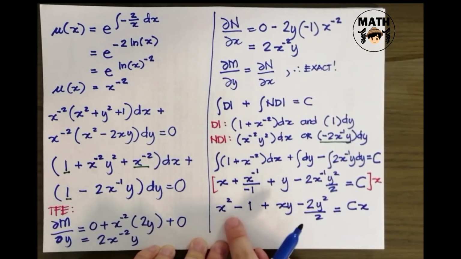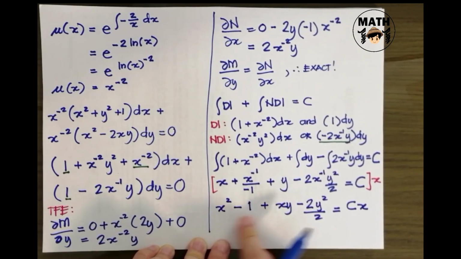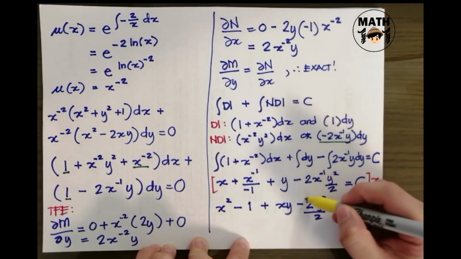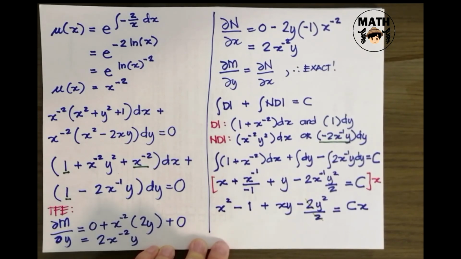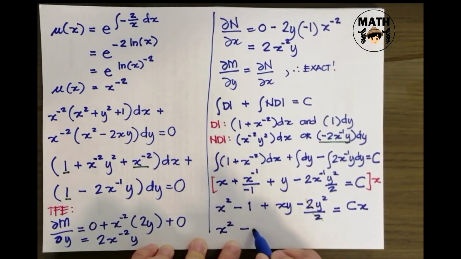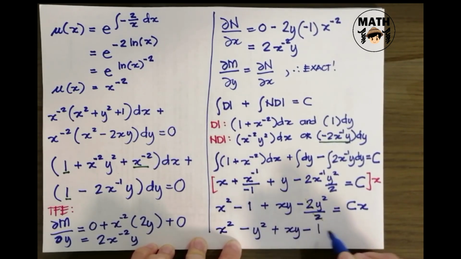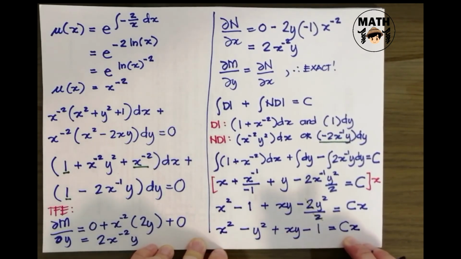Then, rewrite lang natin na from highest power to lowest power. So, unahin na natin to. And notice na pwede natin i-cancel si 2. X squared minus y squared plus xy minus 1. That is equal to cx. As you can see, this is now the general solution of the differential equation that we have.